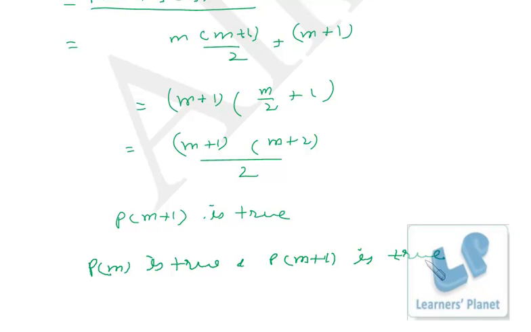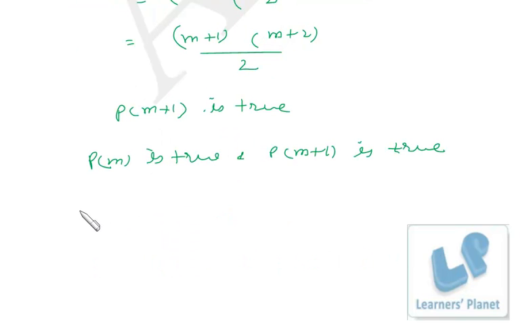Hence by the principle of mathematical induction, the given result is true for all n belongs to N. Since I have already told you this is a theoretical topic, you just have to be careful while writing down the steps. The marks of steps are there, so I just write it down.